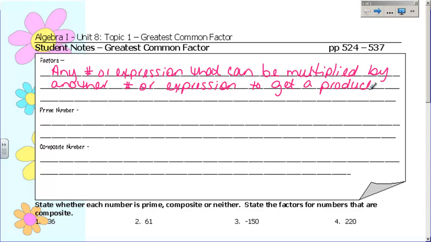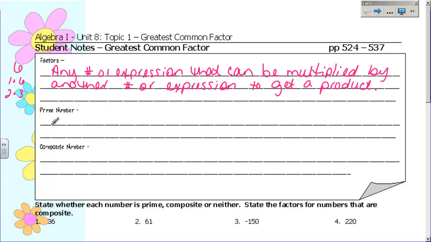For example, if I wanted to find all the factors for 6, I would list all the things that multiply together to equal 6. For example, 1 times 6 equals 6. So does 2 times 3. So 1 and 6, 2 and 3 are all factors of 6 because they multiply together to make 6.